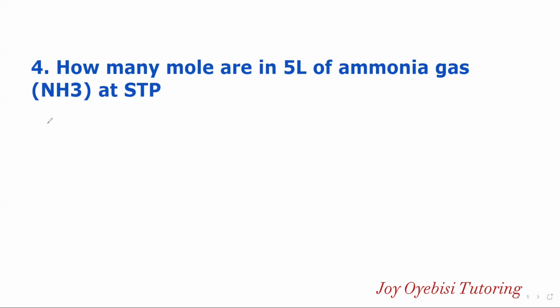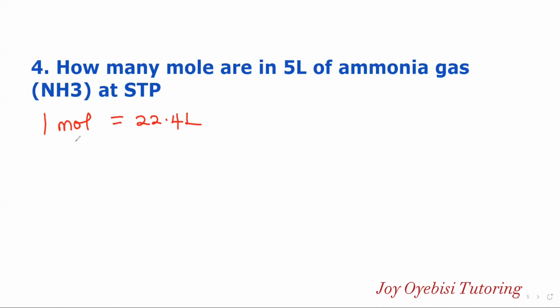Rather, I'm going to show you this. 1 mole of a gas is equal to 22.4 liters. So that's the conversion you will use at STP. You can also use the gas law. You can actually use both. It doesn't matter. But for this particular calculation we're doing, we're going to use 1 mole equals 22.4 liters. That is the standard at STP.